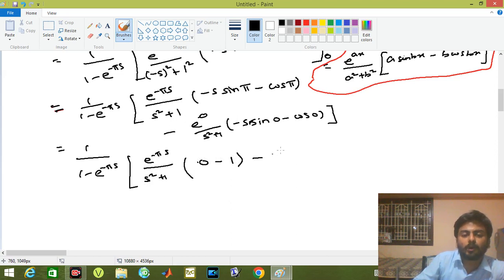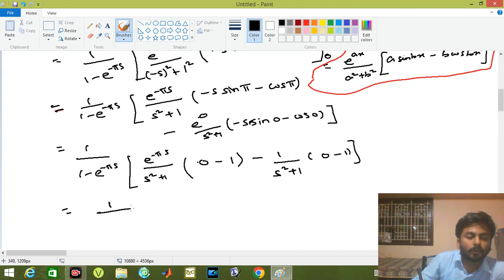Minus lower limit: e power 0 is 1, so 1 divided by s square plus 1, cos 0 is 1, sin 0 is 0, so 0 minus 1.